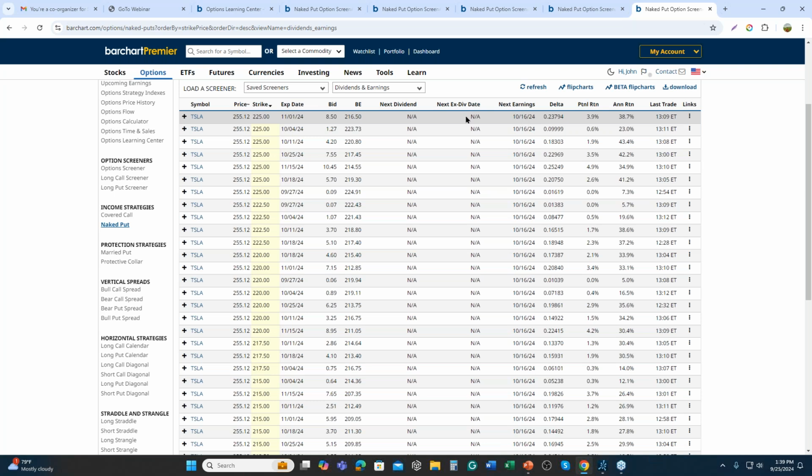We can see that these options here, the November ones and this October 25th one that we located, come after earnings. So I am going to take on the risk of earnings in this particular trade. Okay.